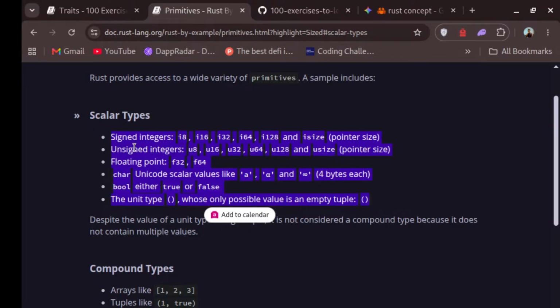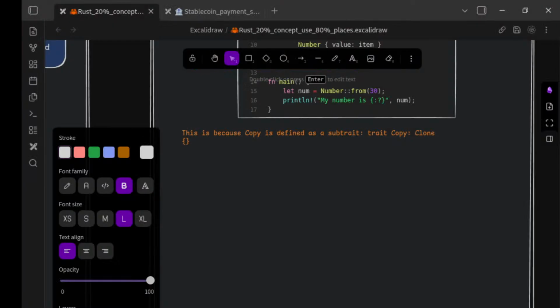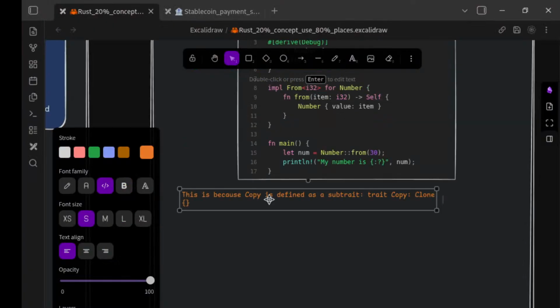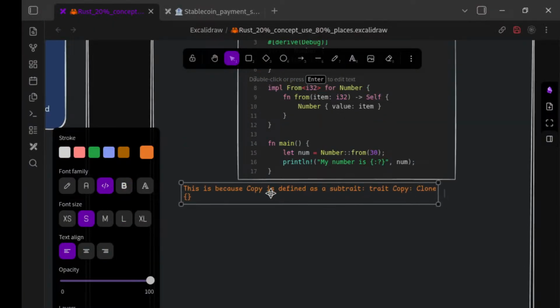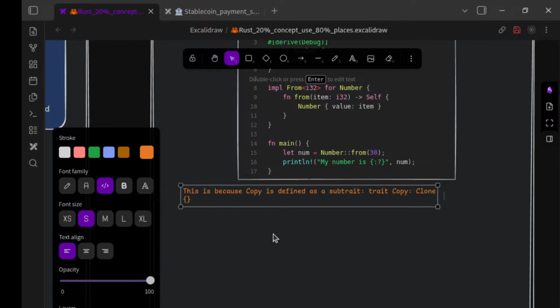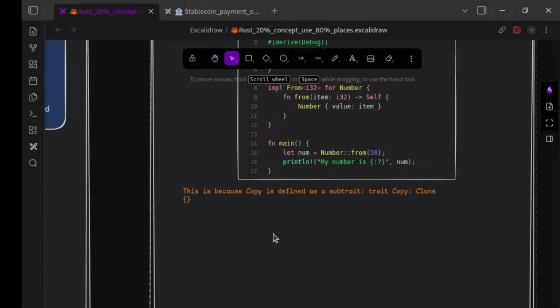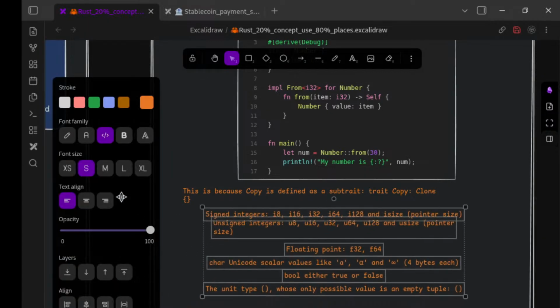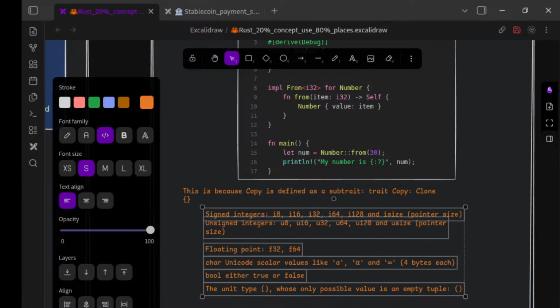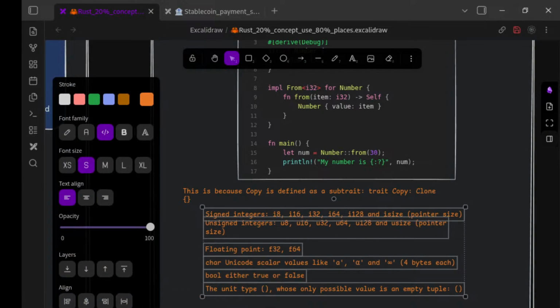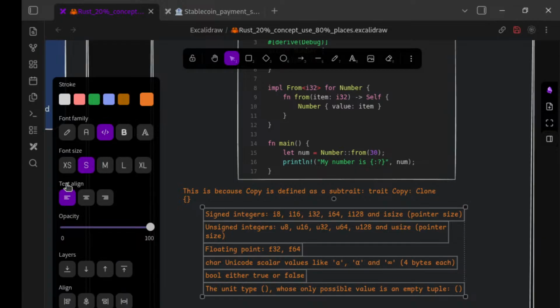This can help us in future. I don't know, but I think it will help me in future. Okay, that is great.